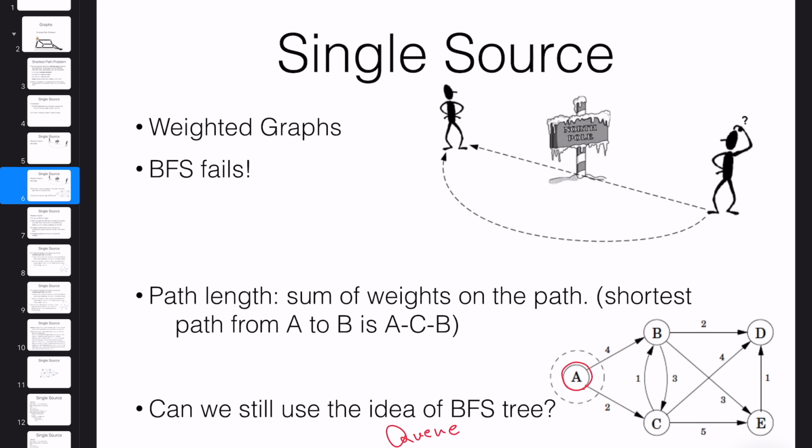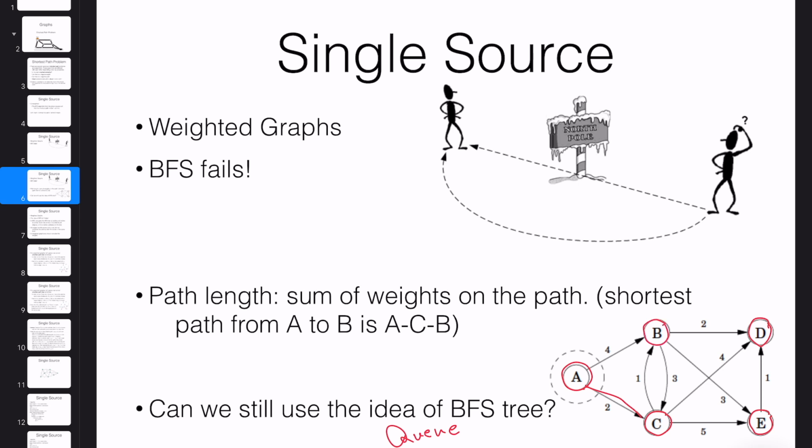You keep them, but the one that you actually remove is the one with the minimum distance, or the edge that is connected with the minimum distance, which is going to be C. So C will be removed from your queue, and for C, I will add all the nodes which are connected to C, like E, D, and B.